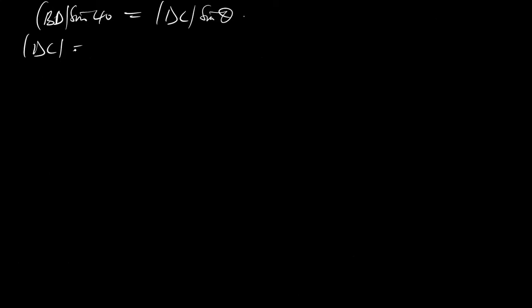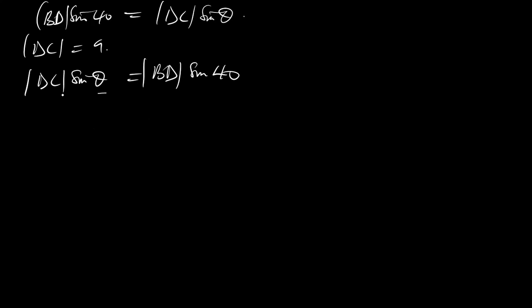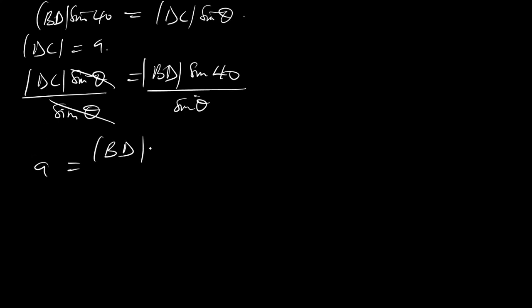DC is equal to A. So that means DC sine theta is equal to BD sine 40. Dividing both sides by sine theta, this will cancel out. You now have DC, which is A, equal to BD sine 40 divided by sine theta.